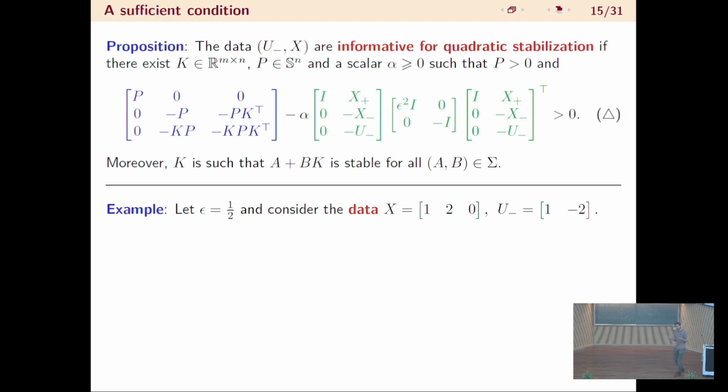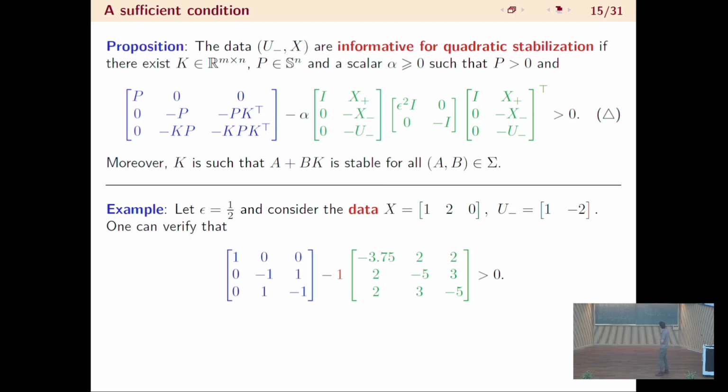So let's have a look at another example of this. As in the previous example, I take epsilon to be 1/2, and I consider the same data, X, U. In this case, I can choose P to be 1, K to be -1, and alpha to be 1. One can indeed verify that the matrix inequality that we have obtained here, the triangle, holds.